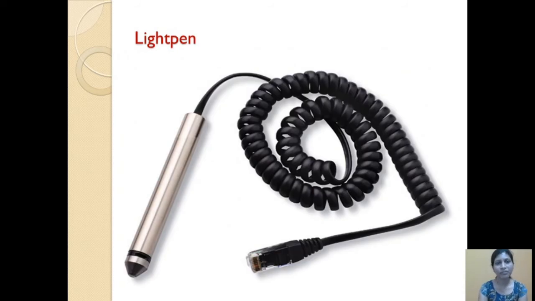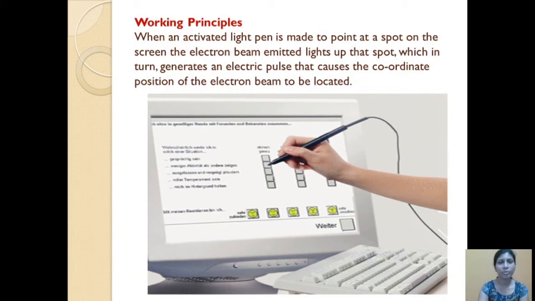Then another one is the light pen. Light pen is one of the input devices. We use the light pen like a mouse here. Here is the working principle of the light pen. How do we work using a light pen? When an activated light pen is made to point at a spot on the screen, the electron beam emitted lights up that spot, which in turn generates an electric pulse that causes the coordinate position of the electron beam to be located.